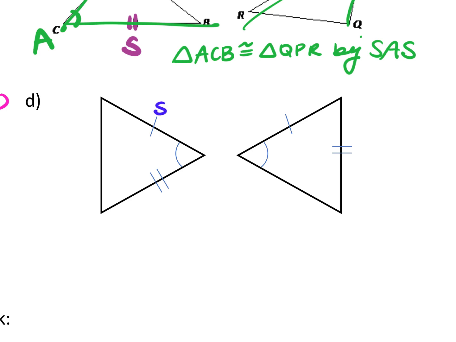You have a side that corresponds to a side that corresponds to the side. The included angle, what's the included angle over here? The included angle would be that one, right? This is where you get to swear at your teacher. You actually don't get to because it doesn't exist. This would be donkey theorem, right? We call it the donkey.